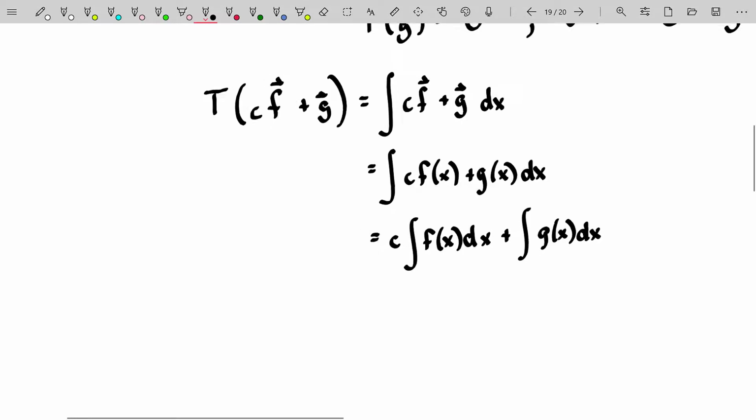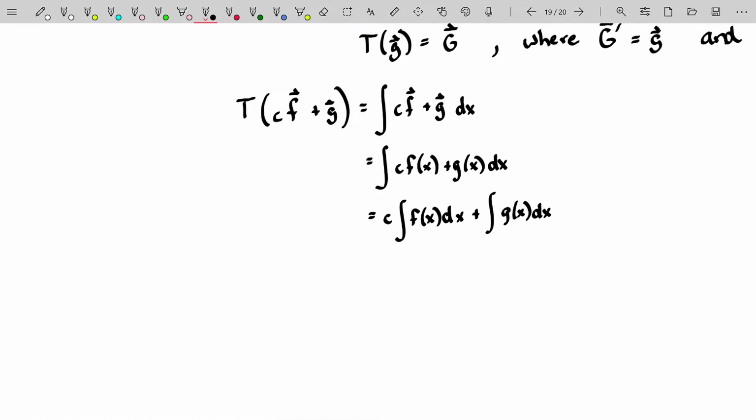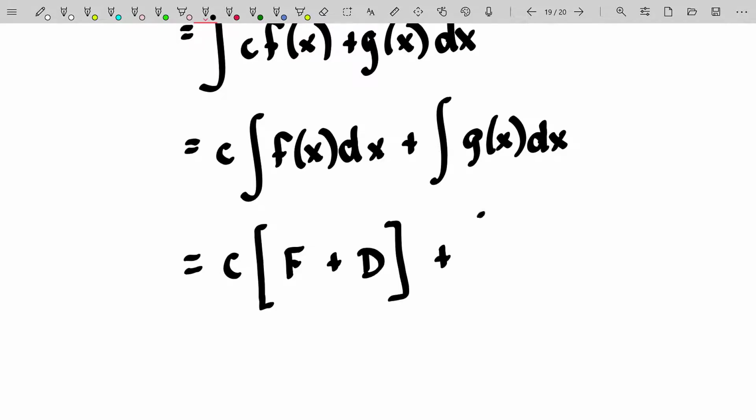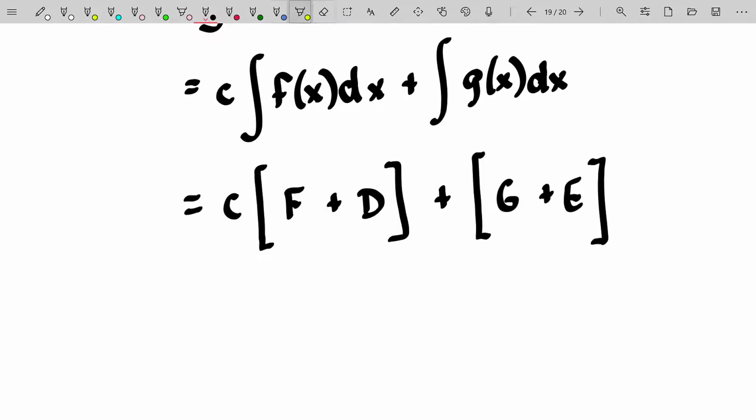But the integral of f of x dx, that's capital F. Now, when you run these integrals, you get the following: c times the antiderivative of little f plus a constant of integration I'll call capital D, plus the antiderivative of g plus a constant of integration I'll call E. Now, these constants of integration, D and E, can be glued together because they're just constants.